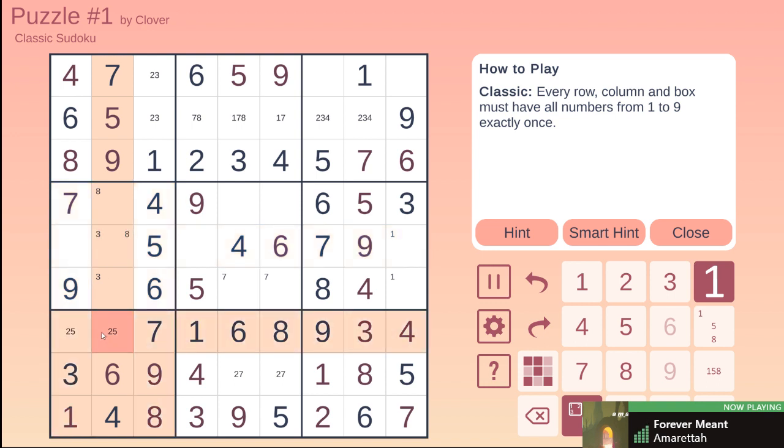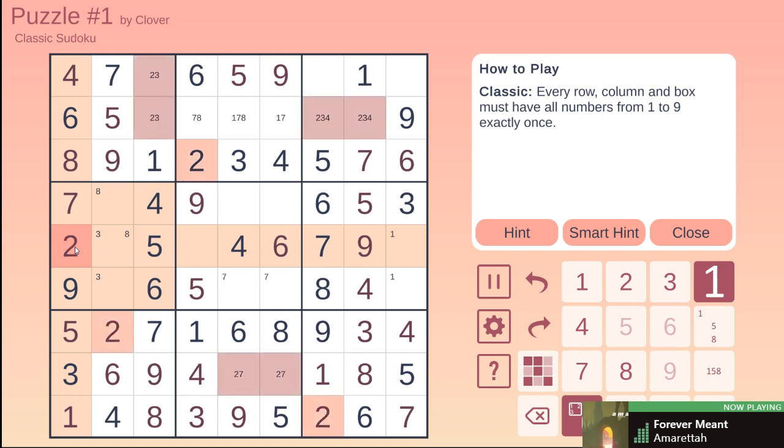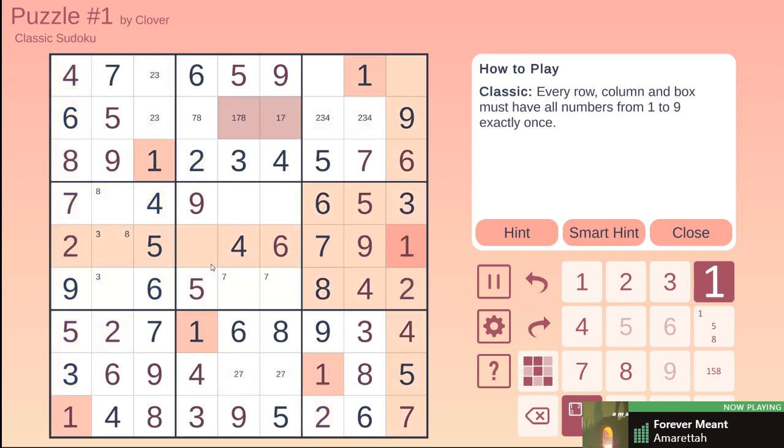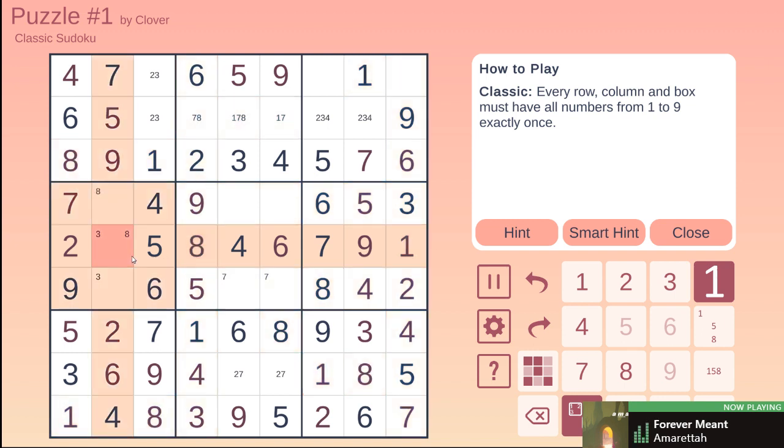Wait, no, this can't be a 5 either, so this is a 5. Right, okay, that explains things. So, we know this is a 2. Which tells us that this is a 2, which tells us this is a 1, which tells us this is an 8, and tells us this is a 3. This is an 8, this is 1.